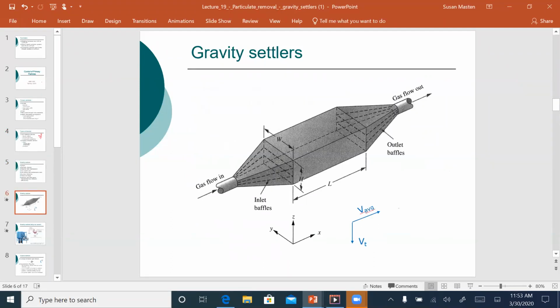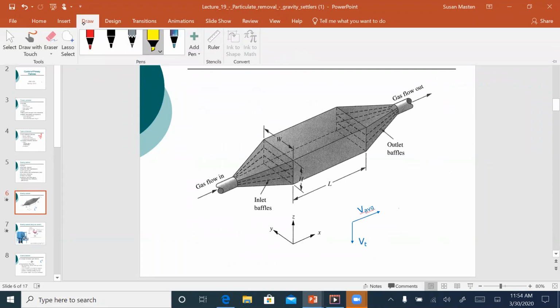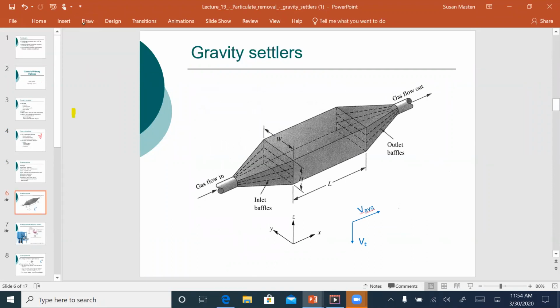So this is an image of a gravity settler. We have gas flowing in here. Notice the cross-sectional area of this duct is much smaller than the cross-sectional area of your drop box.